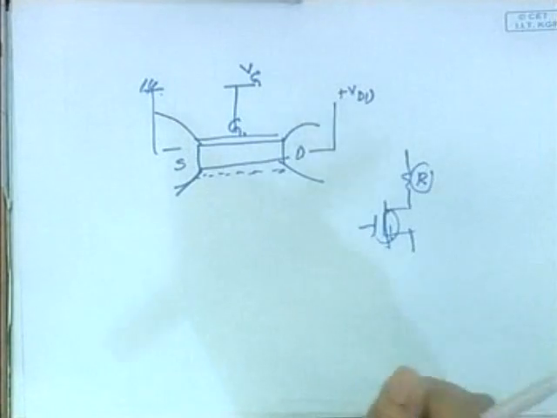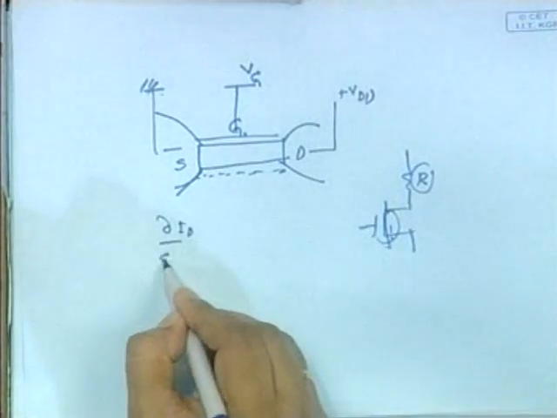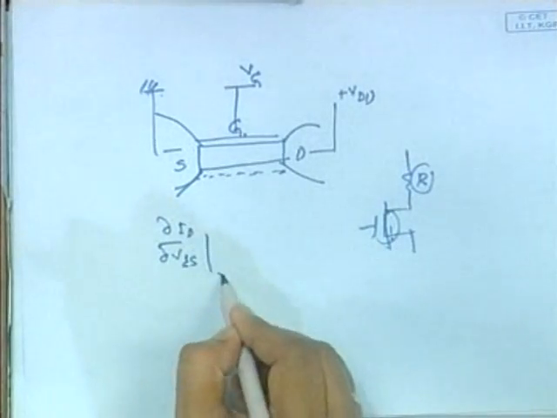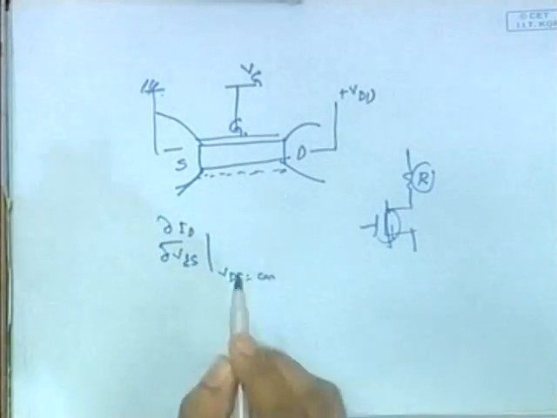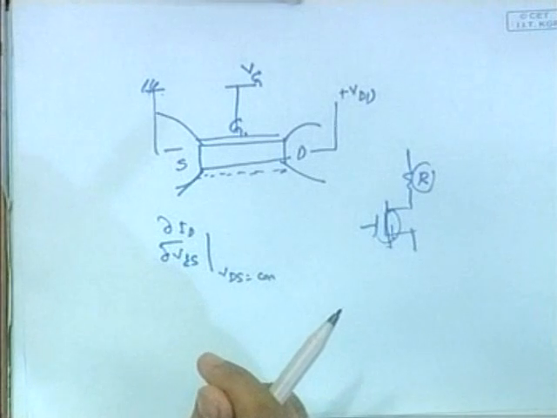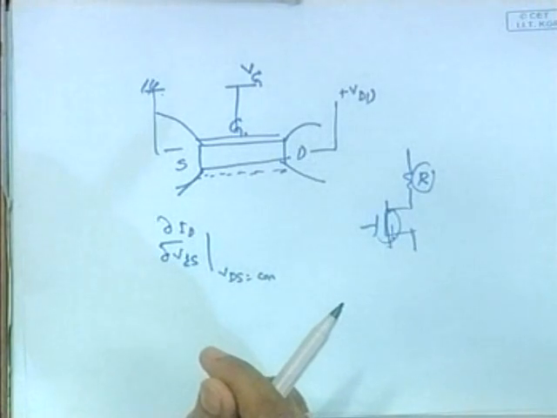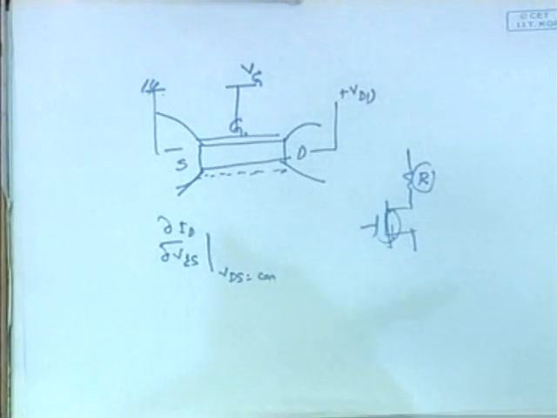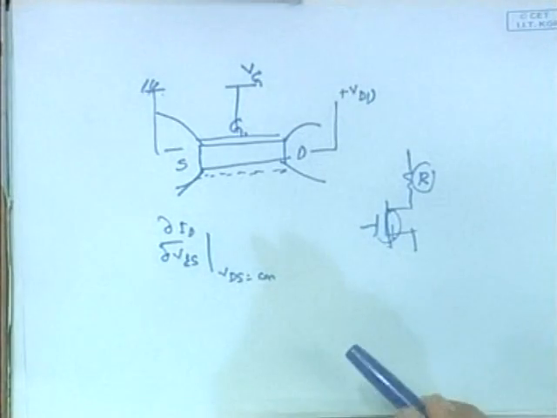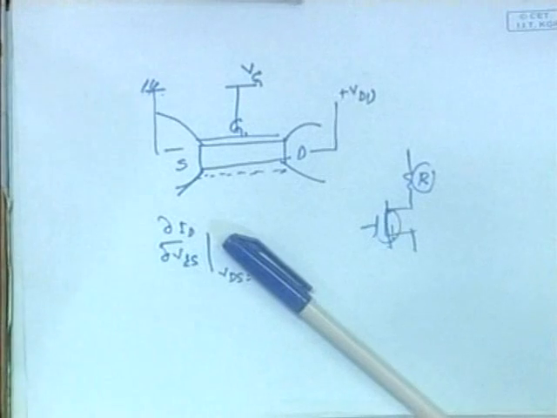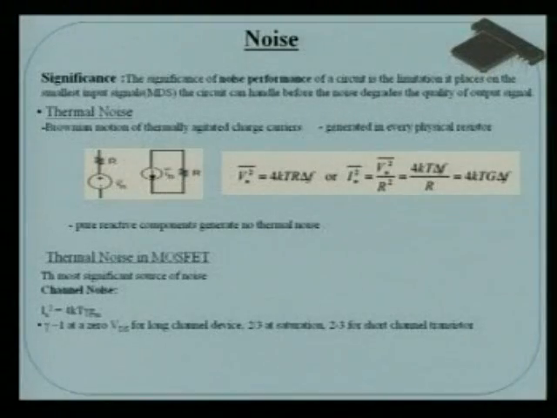What is the transconductance? It is ∂ID/∂VGS, where VDS is constant. For a given VDS, ∂ID/∂VGS is your gm. So 4kTγgm is the noise equivalent, or the thermal noise, of the transistor, and the gamma value depends on whether it is short channel or long channel, or whether it is in saturation or not.